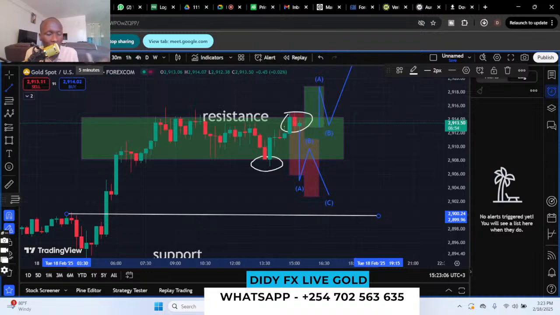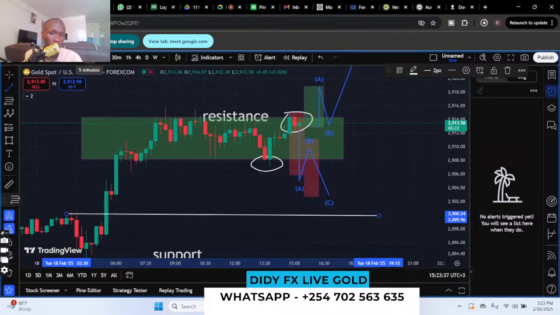Is gold buying? Let me just use that language. Is gold buying or is gold selling? I sometimes even get my entries using the daily candle and I don't mind. I can look at the daily candle and enter the market. In the morning I was doing a buy on gold and I was using the 4-hour time frame. I landed on a very big loss because so much was happening in the background. But I knew my main focus was on my point.